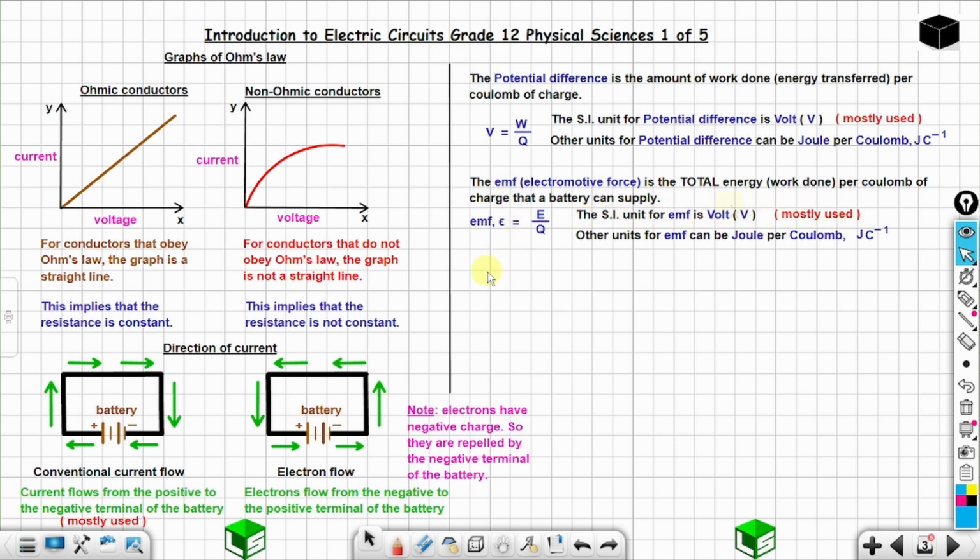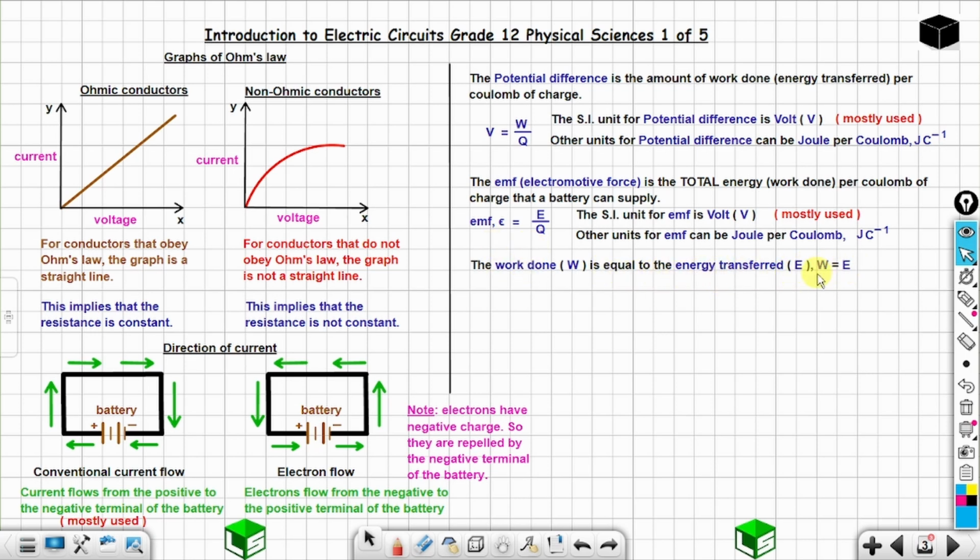The work done is equal to the energy transferred. So sometimes you can have E for energy instead of W for work. You can also have W instead of E. W for work done. Remember, the work done is equal to the energy transferred.